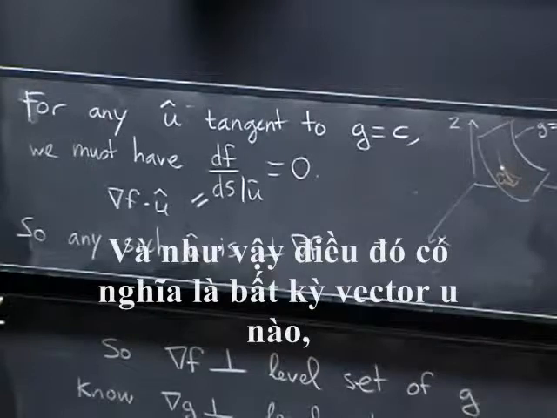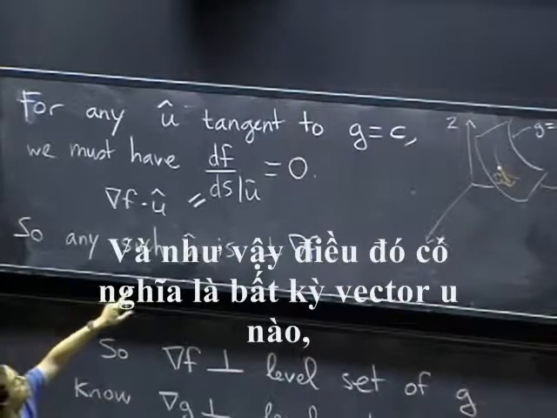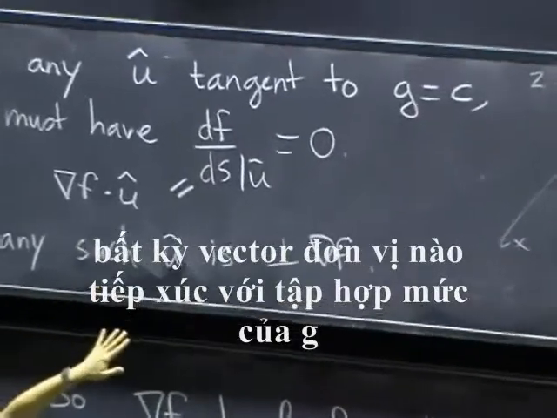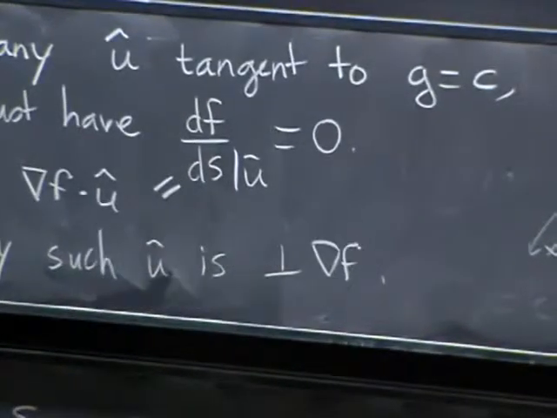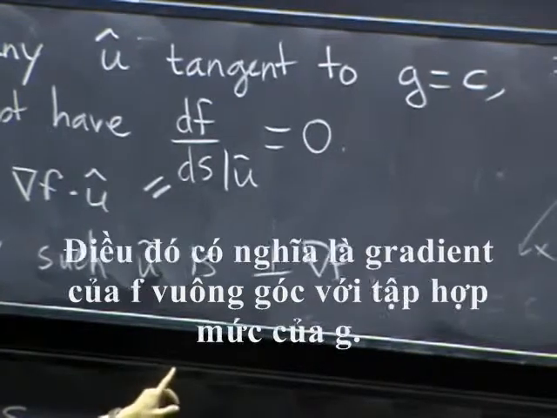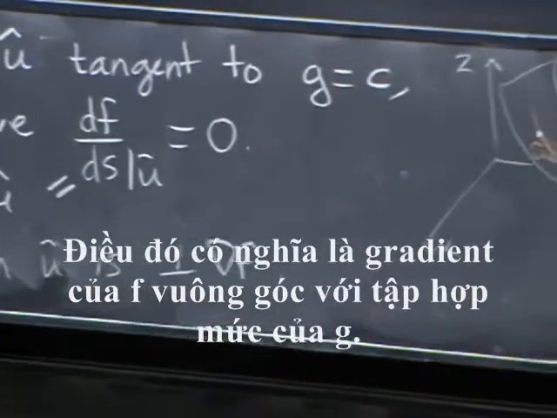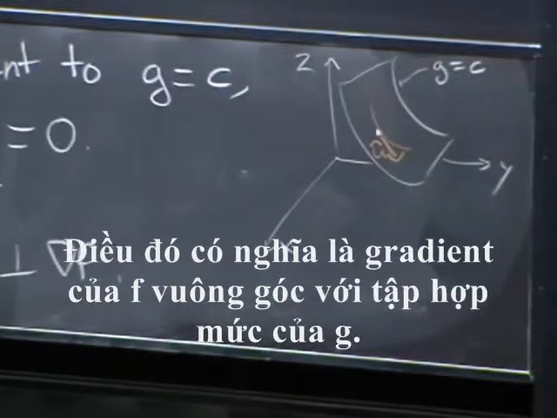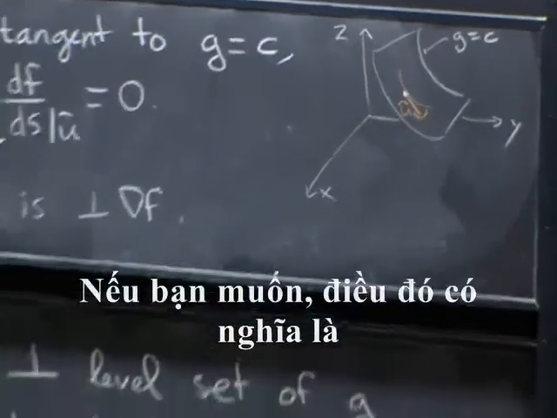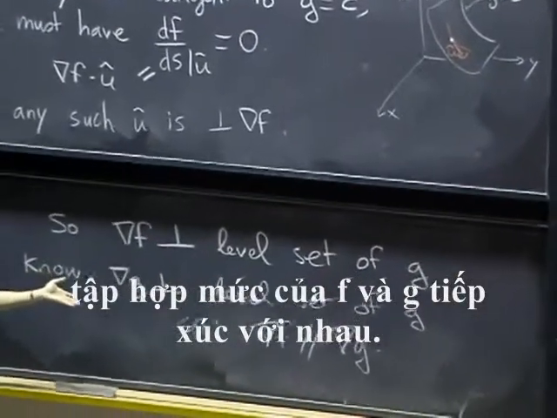And so that means that any unit vector u hat tangent to the level set of g is going to be perpendicular to the gradient of f. So the gradient of f is perpendicular to the level set of g. If you want, that means the level sets of f and g are tangent to each other.